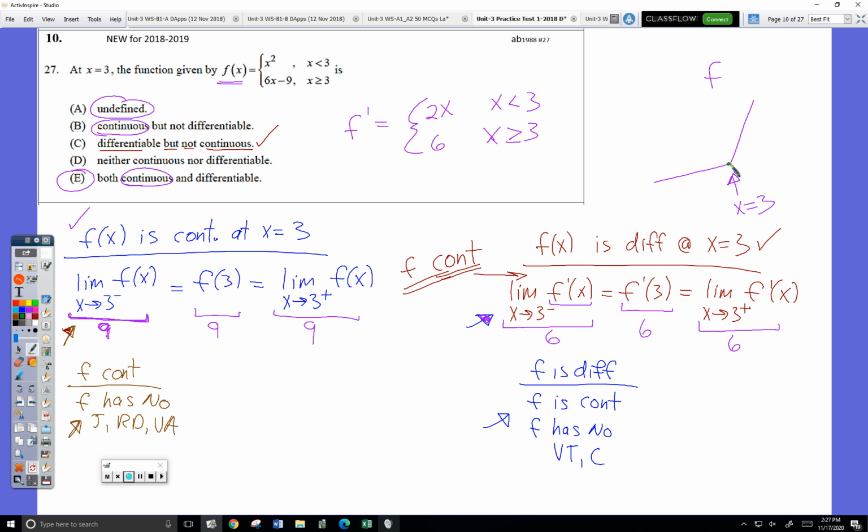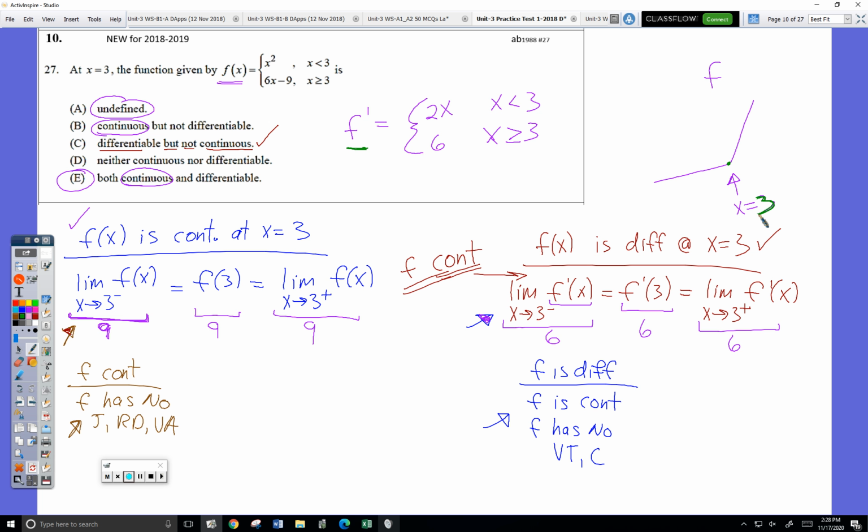But now we need to find the slopes of f. So we're going to use the f prime formula. Can you find the slope of f right here at x equal 3? Because it's a corner, you can't.